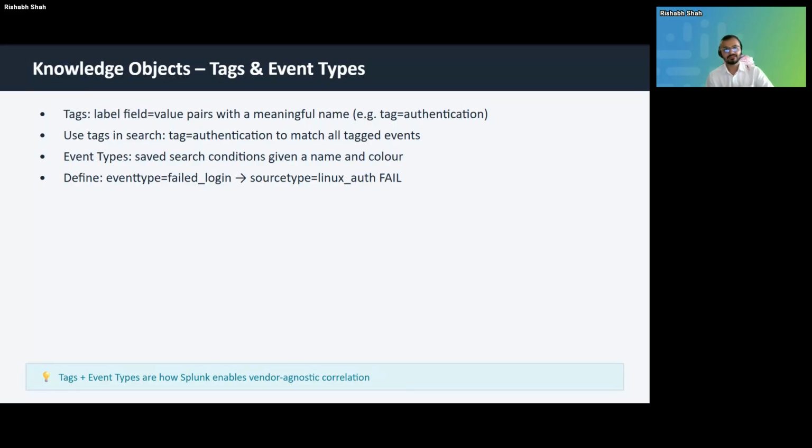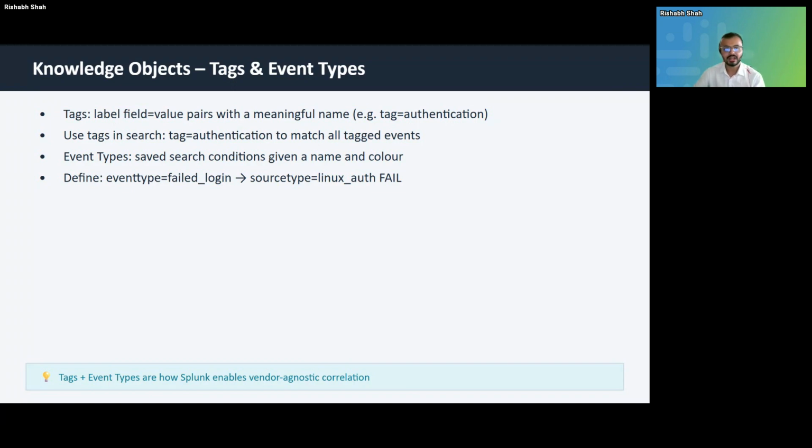For example, I know that these IPs are router IPs, and this type of IP is another device IP. So I can tag those IPs as router IPs and use that tag in creating searches.